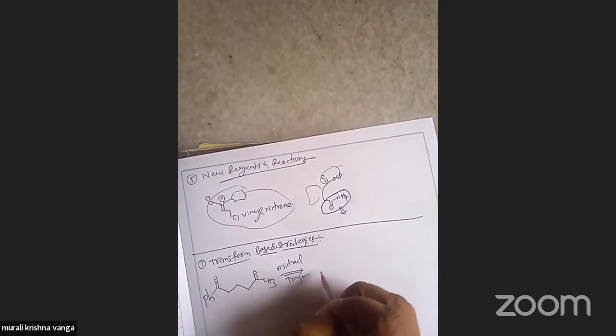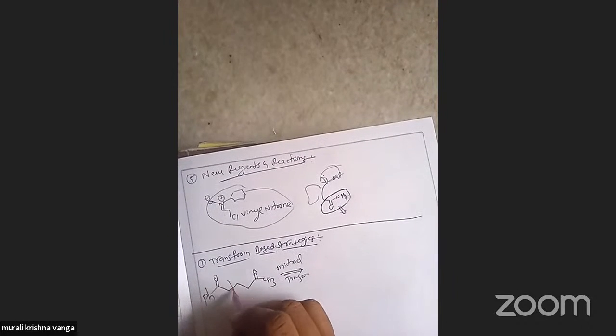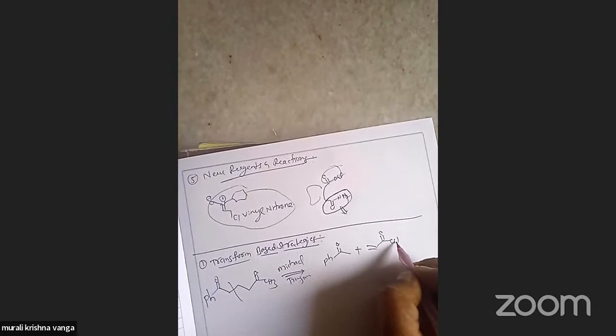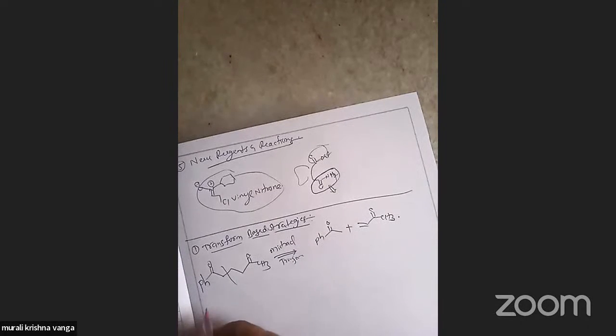There is a bond cleavage like this. They give acetophenone and alpha beta unsaturated carbonyl compounds. Okay, these are transform based strategies.